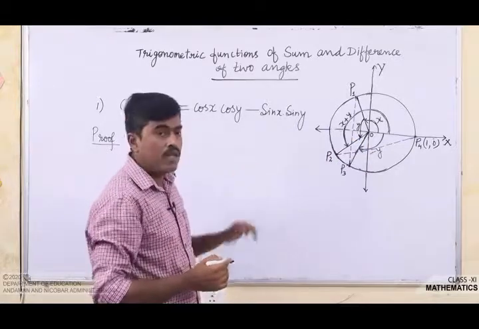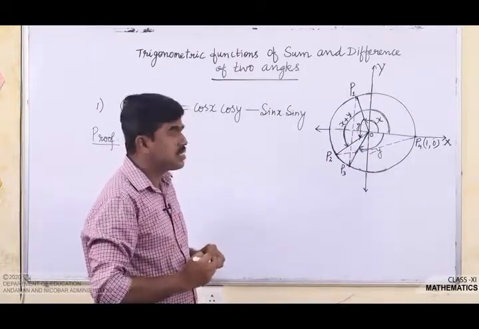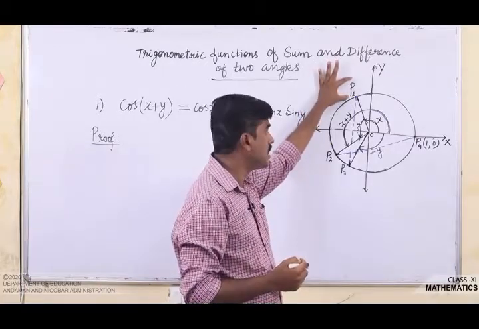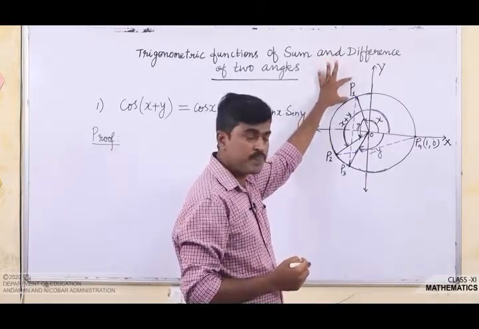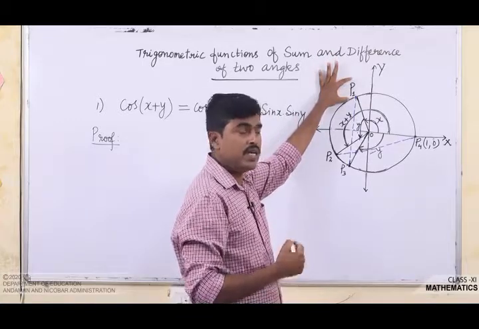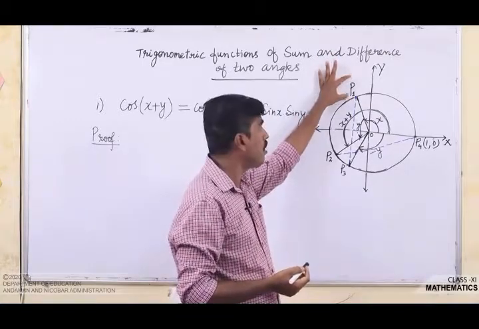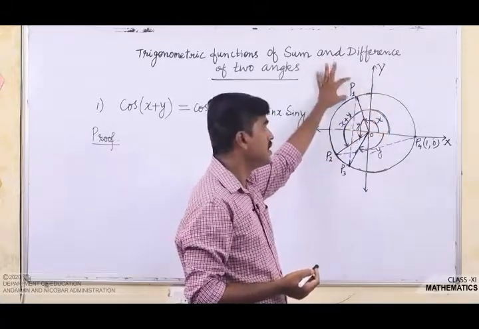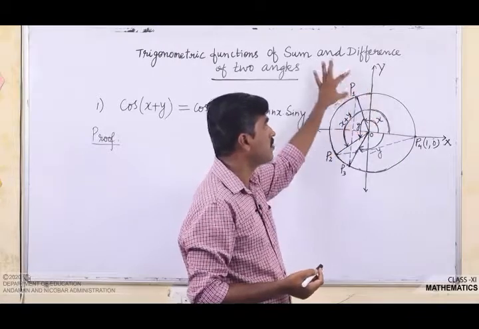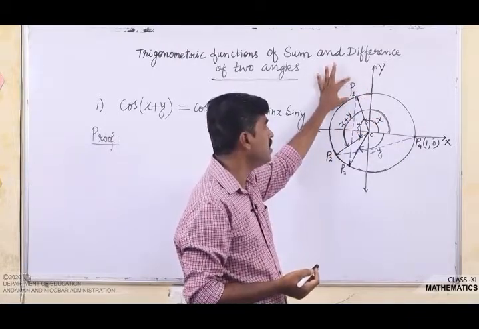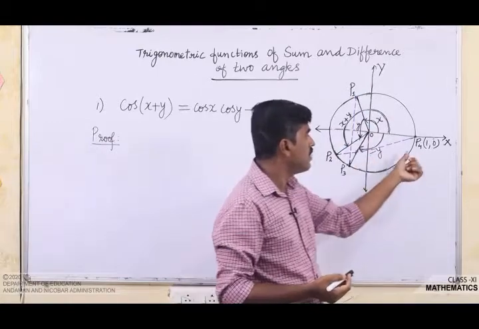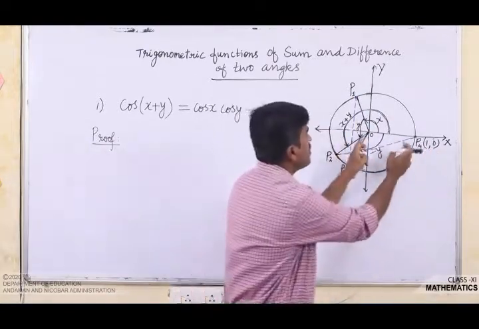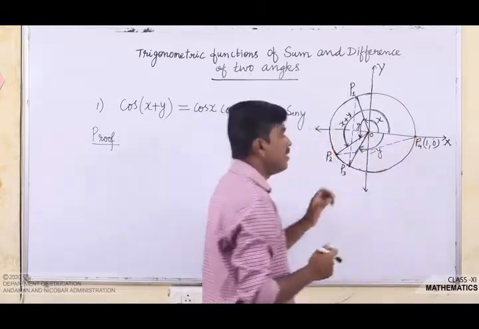Now I told you in the previous class, if P1 is a point on the circumference of the circle, then the coordinates of this point can be represented in terms of cos of the angle x and sine of the angle x. The x coordinate is represented by cos x and the y coordinate of the point P1 is represented by sin x. In the same way, the coordinates of the point P4 is 1, 0, because this length is 1 unit.